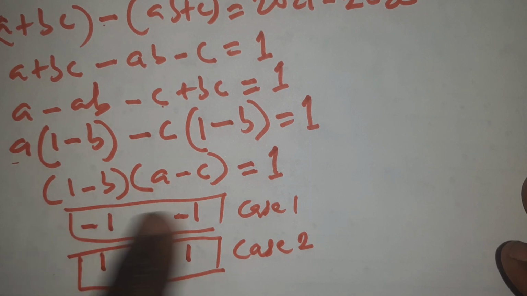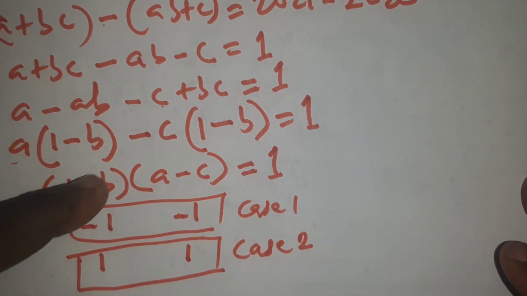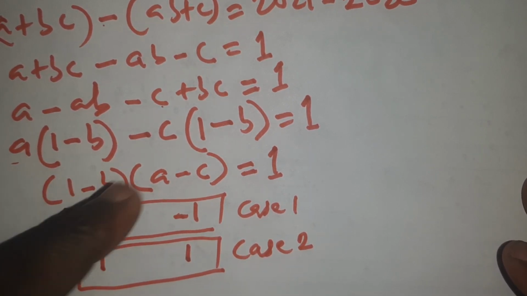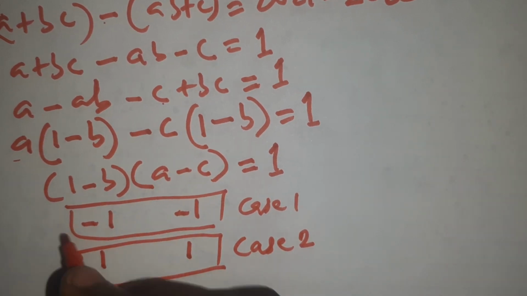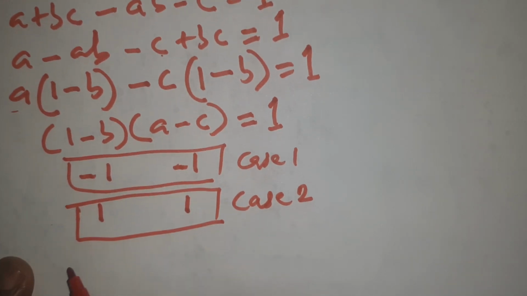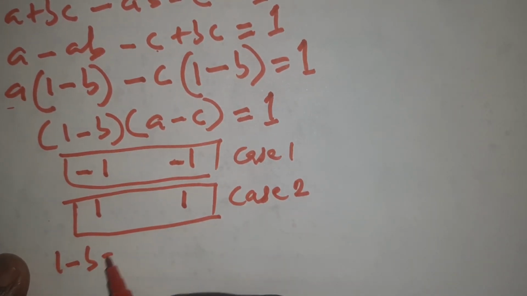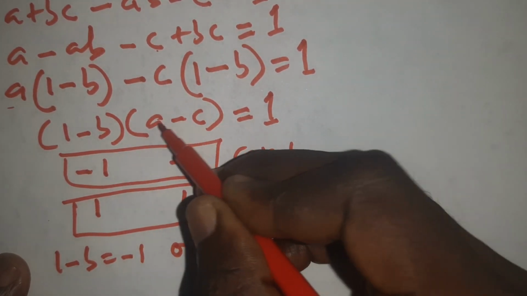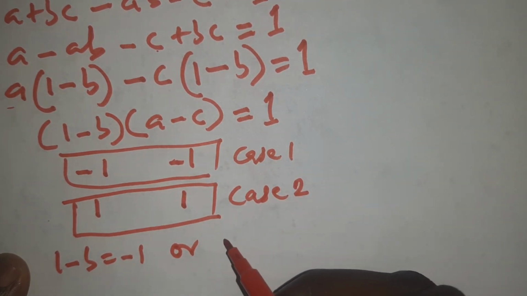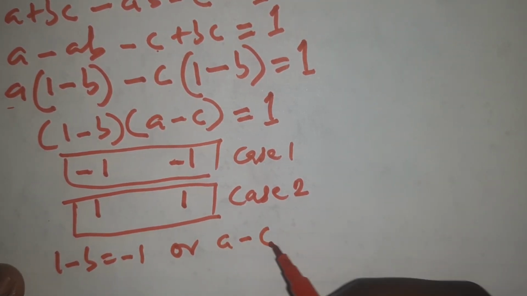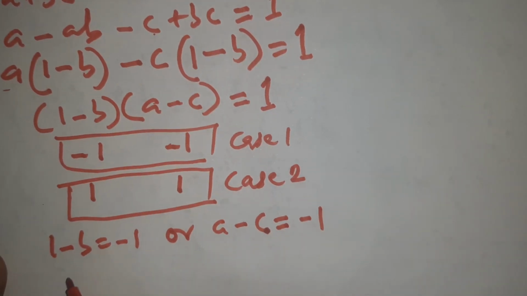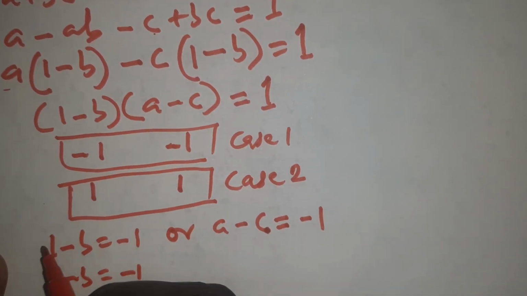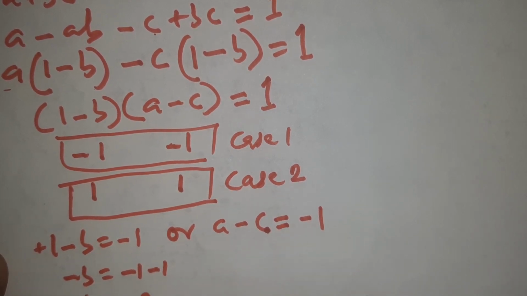So let's look at case 1 first. It's either 1 minus B is equal to minus 1, and A minus C is equal to minus 1. So writing them out separately, 1 minus B equals minus 1, and A minus C equals minus 1. Solving this, you have minus B equals minus 1 minus 1, so minus B equals minus 2.